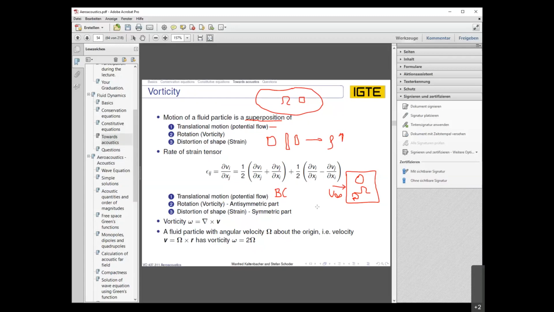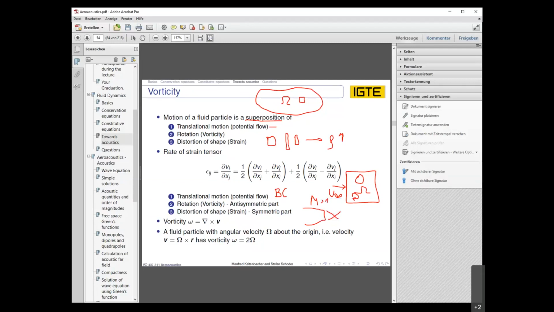And there is another very prominent representation of this strain part if you have a nozzle and the velocity is above Mach 1, then you have some shocks there.